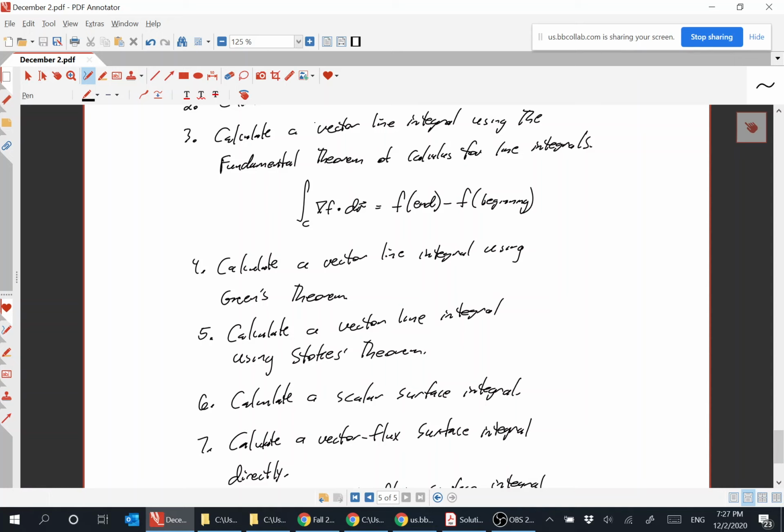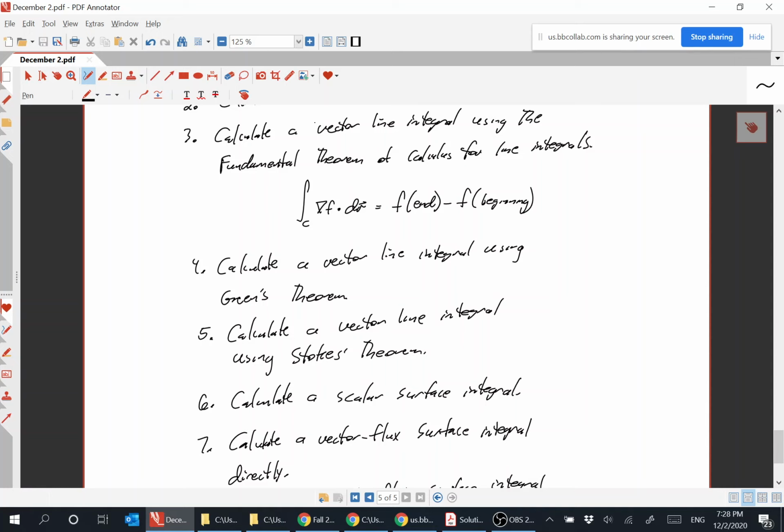F is just some sort of force field, a magnetic force field, or some sort of concussive force field, some field of force, and you have a particle that's moving through that field along a path C. Right? And the work done by the field on the movement of that particle is the line integral.